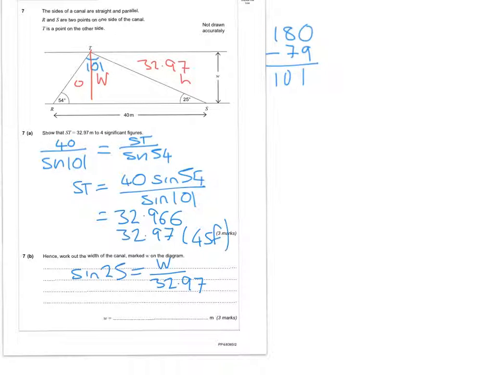W equals 32.97 sin 25 degrees. And from my calculator, that is 13.93 to 4 significant figures. I have used exact values. I didn't round 32.97 on my calculator, so that may differ slightly from your answer.